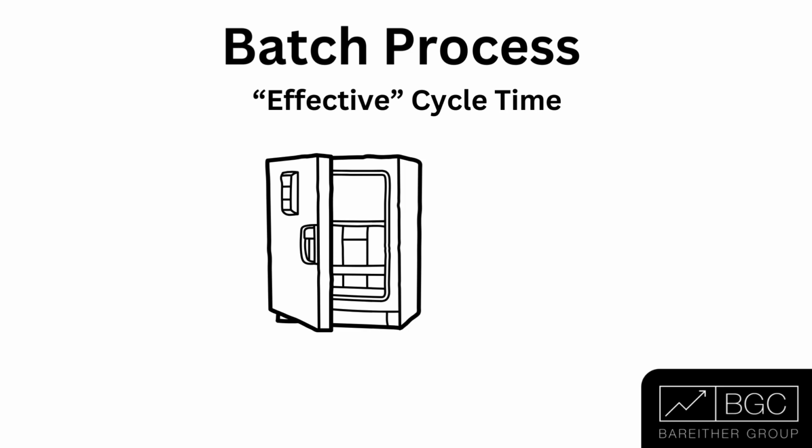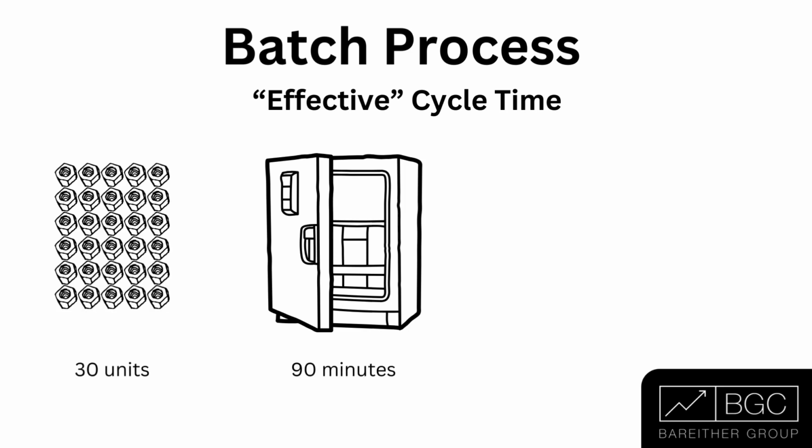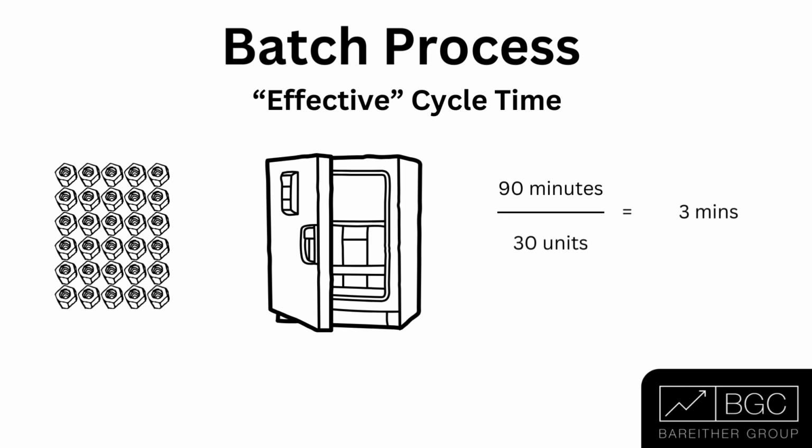In that situation, let's say that we put 30 units at a time into our oven, and the cure time or cycle time for that oven is 90 minutes. So now the effective cycle time for a part is that 90 minutes divided by the 30 units that we're producing, which is 3 minutes.